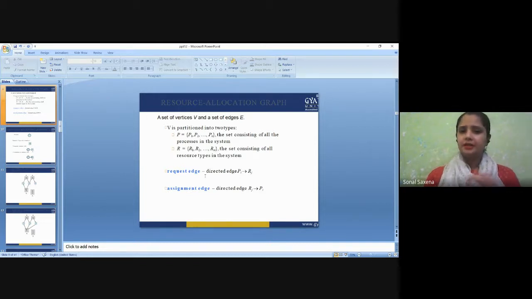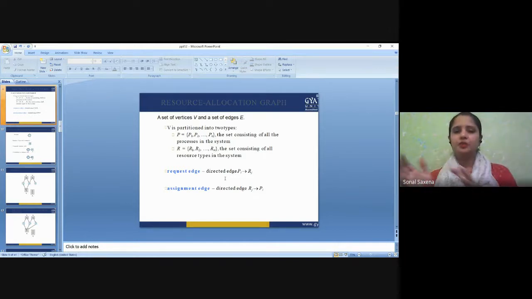The second type of edge in the resource allocation graph is called the assignment edge, where there is a directed edge between the resource and the process. If you see an arrow where the starting point is the resource and the ending point is the process, that is called an assignment edge. Why? Because here we symbolize that the resource is already granted to the process.